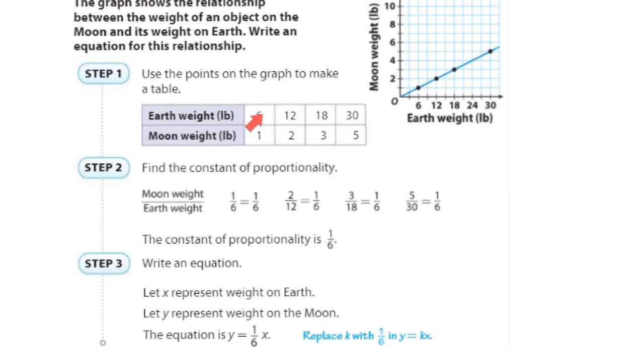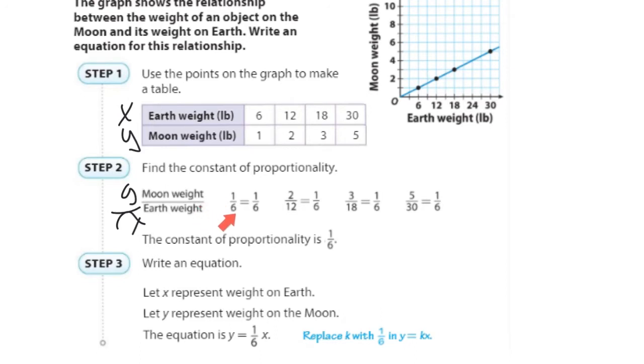Then they take each of these columns, and rather than use x over y, they put down y over x to find their ratios. So they're going to take the bottom number as the numerator, and the top number, the x number, is your denominator.